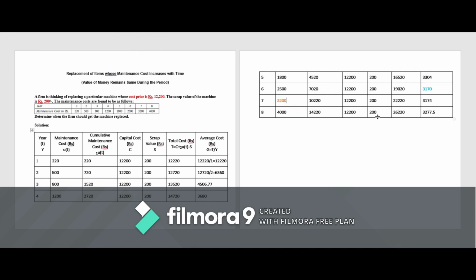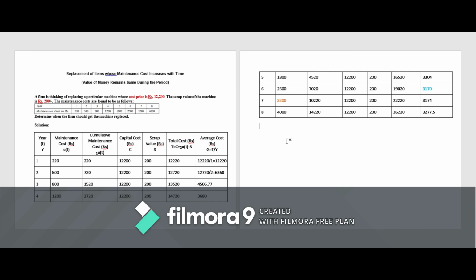So it is not desirable to continue with the same machine after the sixth year, because the maintenance cost will keep increasing. It is not desirable or advisable to continue the same machine after the sixth year. So we have to replace the machine after the sixth year.